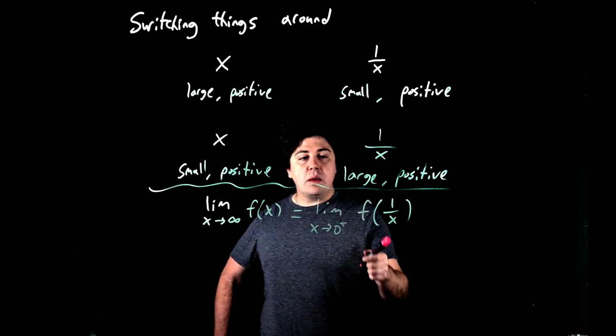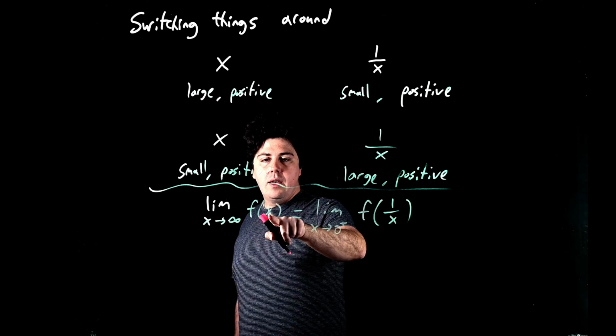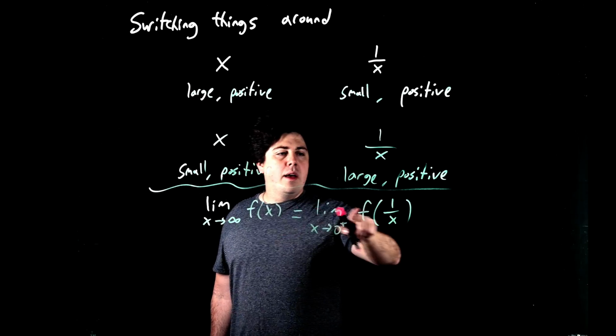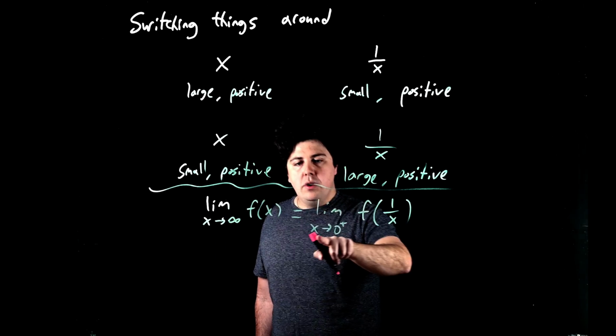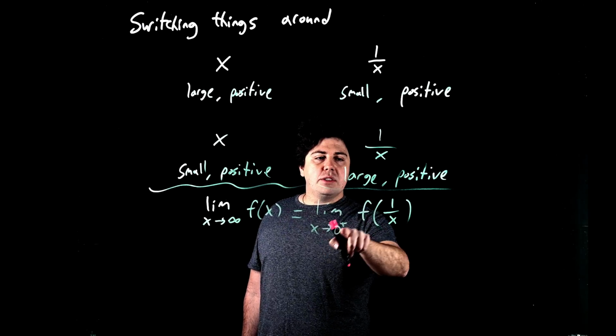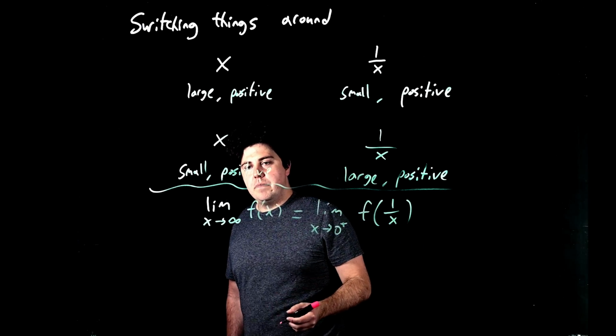Because basically we're putting the same thing into this function. This is a number getting bigger and bigger, and this is a number getting bigger and bigger, because this is getting very small, so this is also getting very big.